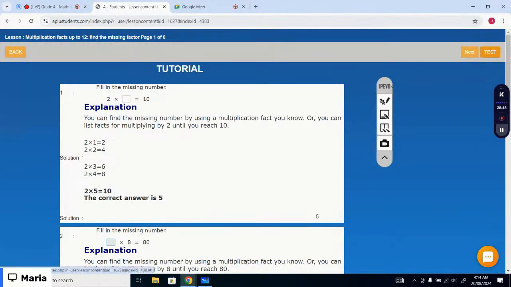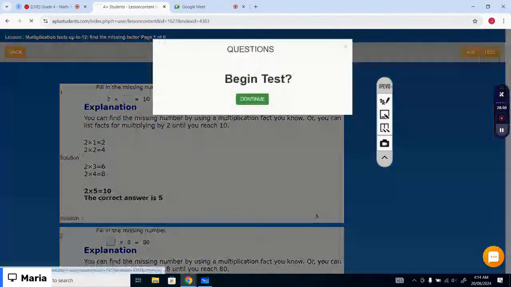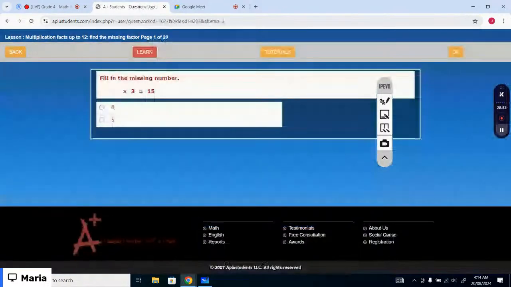Let's just start with the test questions. Fill in the missing number. 3 times what number is 15? You are given two options, 6 or 5. So which is the correct option? You need to count the table of 3 until 15.